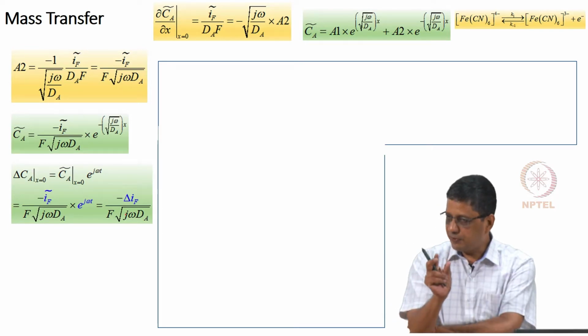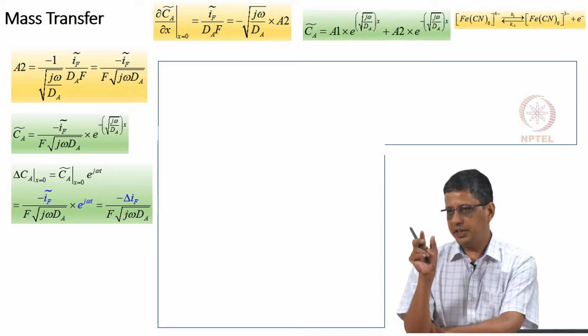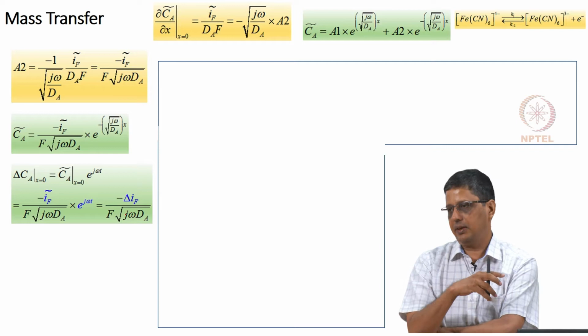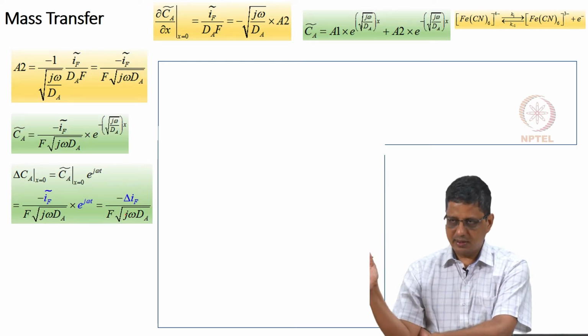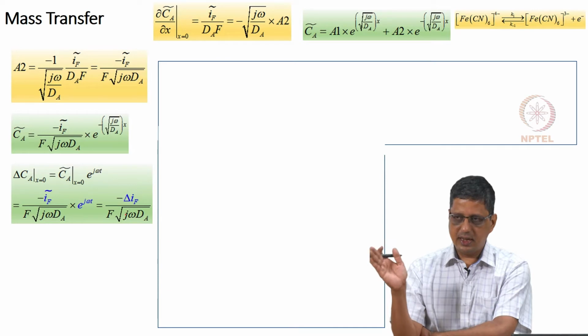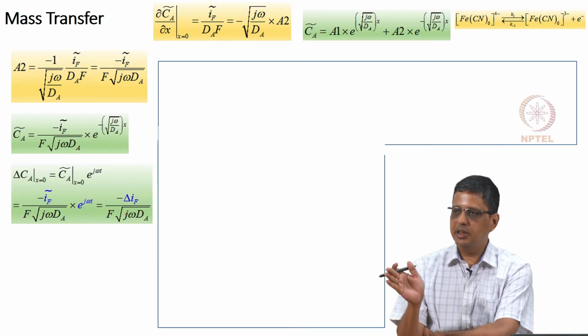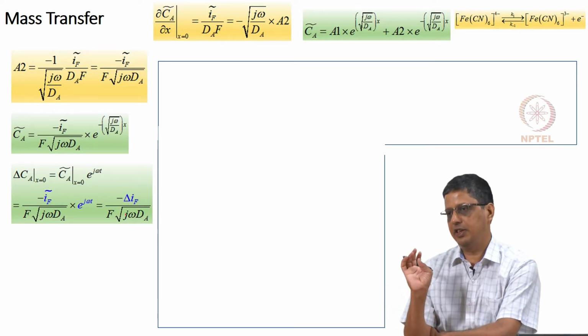Concentration will have an offset with current. Concentration gradient will be in sync with current, and obviously current is in general out of phase with potential. So all these three, potential, current, and the concentrations of A and B, will in general have a phase difference.